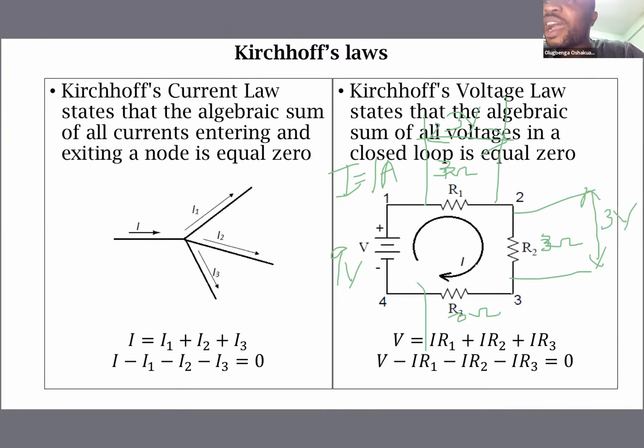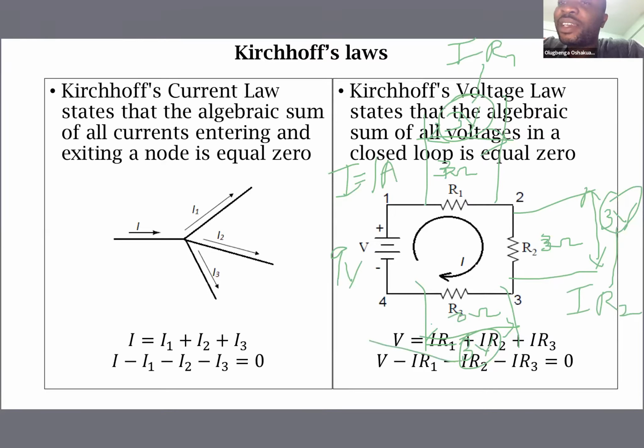The same current of 1 ampere would flow through R3, and the voltage drop of 3 volts will be across it. So when you add the 3 volts here to 3 volts here to 3 volts here, we have 9 volts. The 3 volts here is IR1. The 3 volts here is IR2. The 3 volts here is IR3.